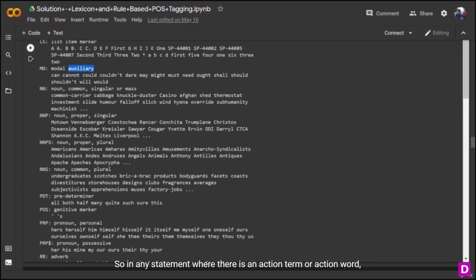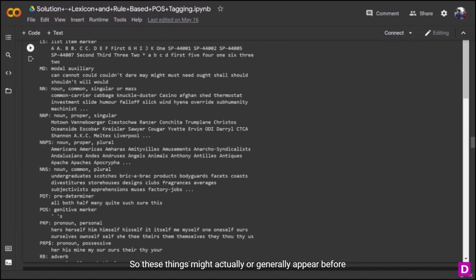So in any statement where there is an action word, there is a high chance that these modal verbs appear before the verb. I can show examples of those as well. See, can, cannot, could, couldn't, dare, may, might.